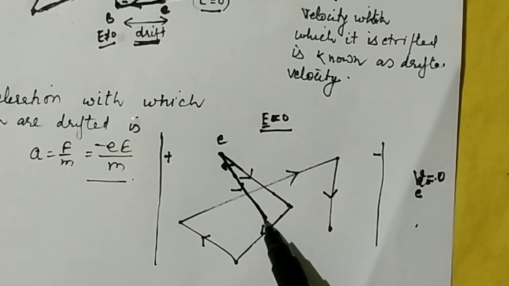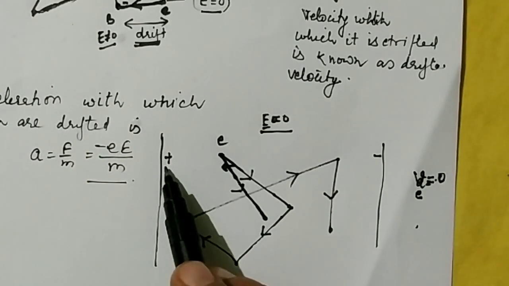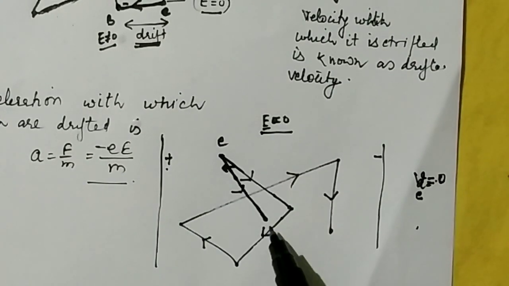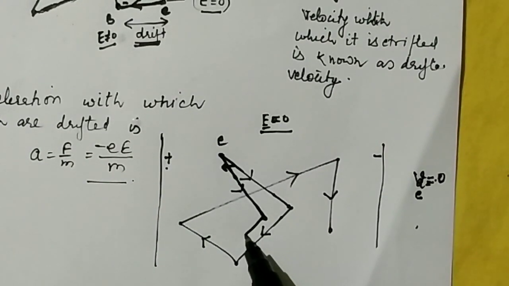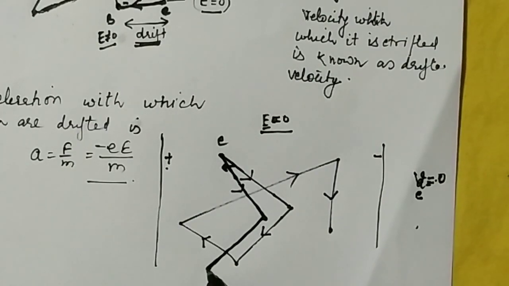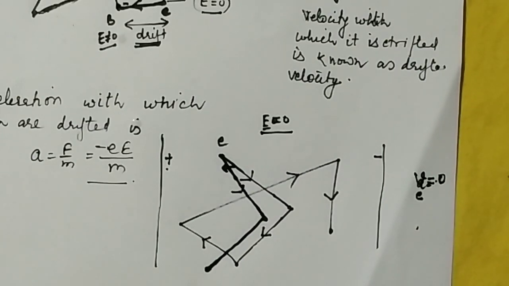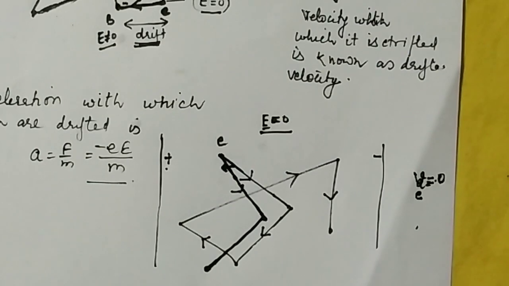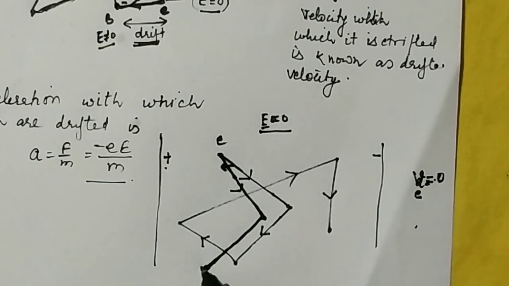Again, the electron experiences a force because of this electric field, so it gains velocity along this direction. Because of this, it is drifted towards the positive terminal. Similarly, like this one also.